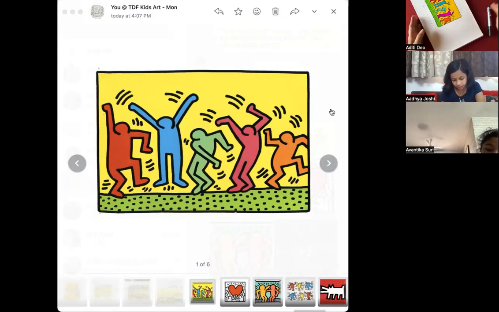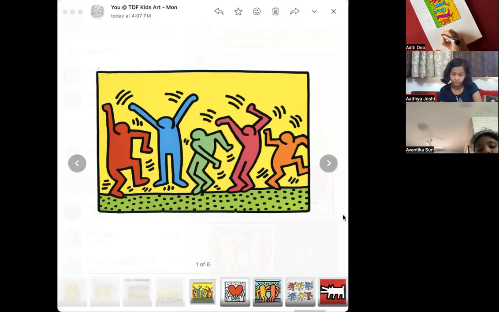I usually like to copy the signature of the artist that I'm drawing. So I'm going to try to write his name the way he signed his paintings.